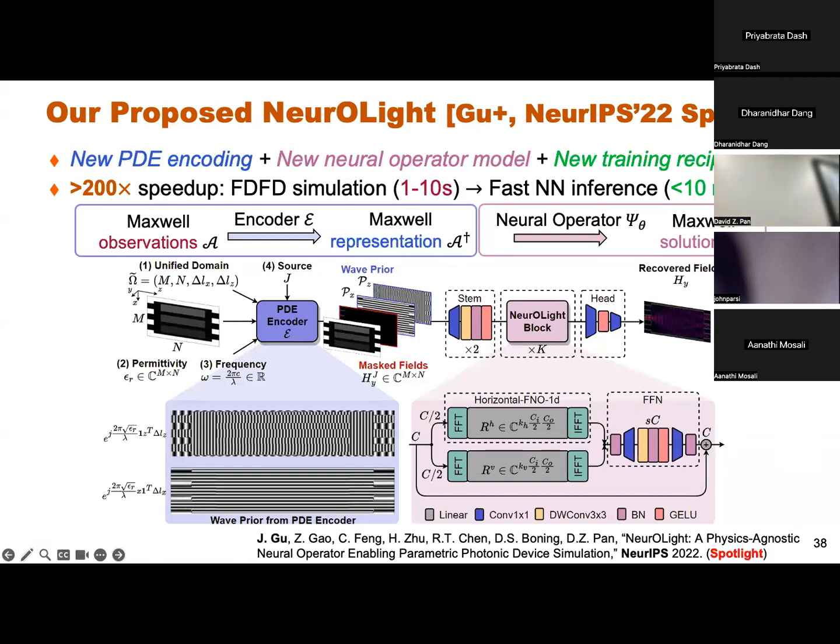By doing that, we show that basically we can get a 200 times speedup compared with finite difference, those kind of detailed simulators. It is physics-guided: it's not just learning directly from data, you have some physics to guide you while building those models.